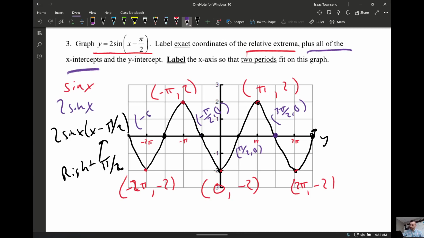Negative 3 pi over 2. See, pi over 2 plus pi over 2 would be 2.5 or 5 pi over 2. And this one would be in the other direction, so that should be negative 5 pi over 2, 0.